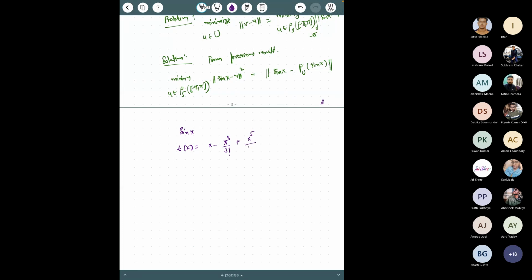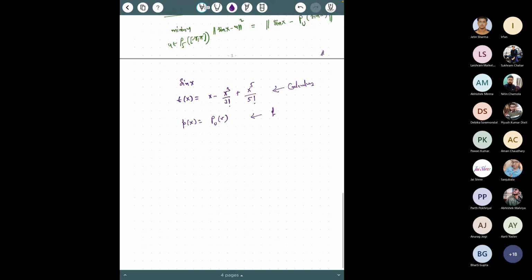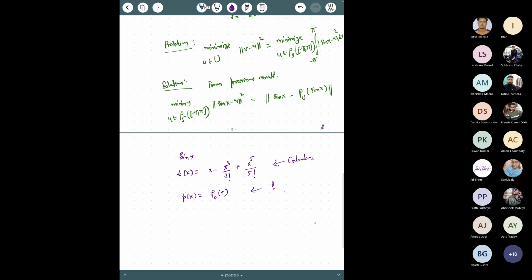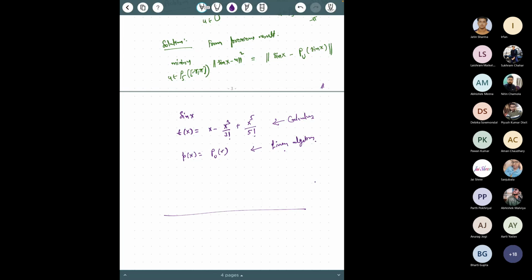If you compare both, sin x is given to you, so you just draw sin x from minus pi to pi. It would be something like this. And then you draw the Taylor approximation from minus pi to pi.